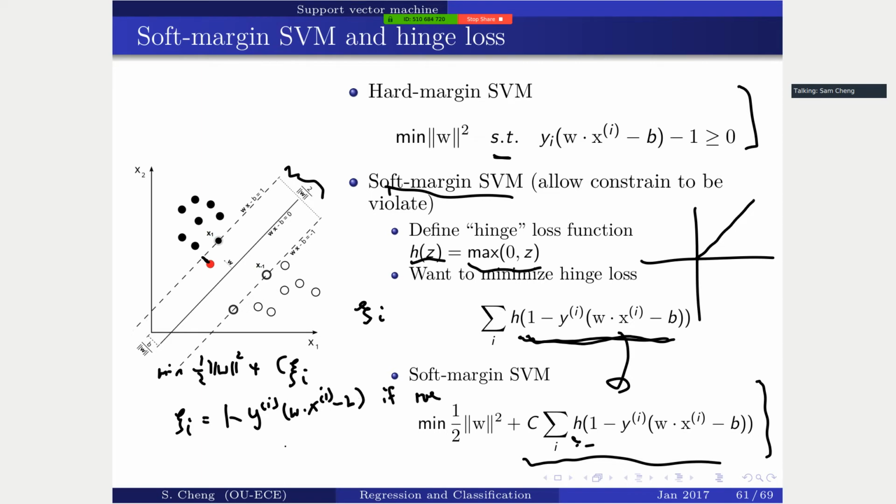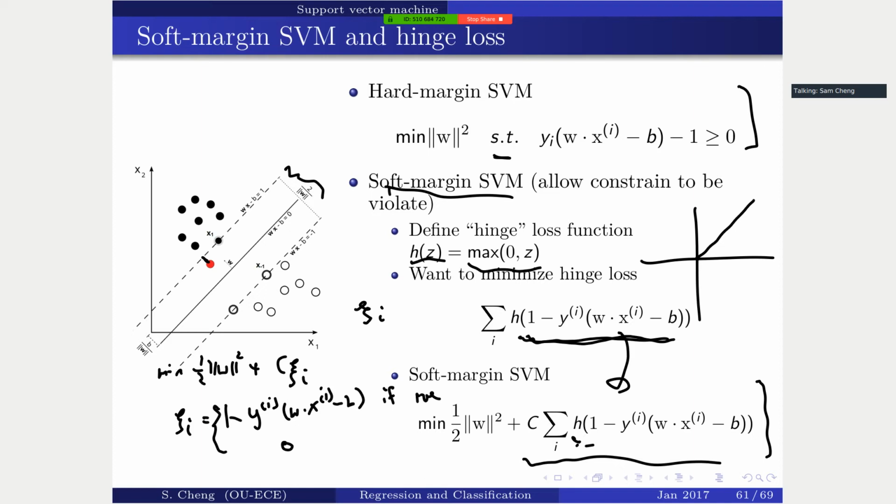Otherwise it will be zero. But of course, because this ci is defined in two different cases, this is not the end of the trick. I cannot really end here.